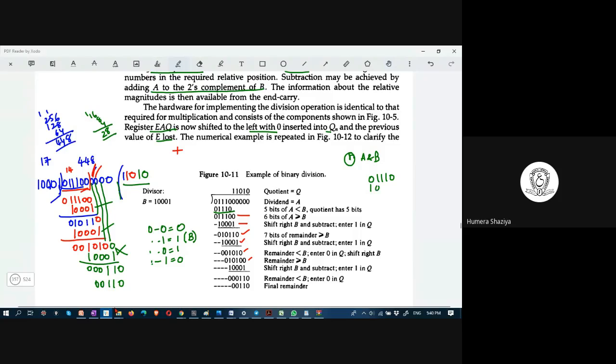So B value would come down in this manner. But what are you doing? Because it is smaller, you are taking one more zero down. Because you are taking one more zero down, you have to shift this B, the divisor here. You are shifting the divisor, 1, 0, 0, 0, 1, to the right.